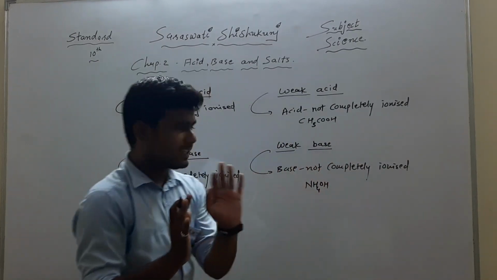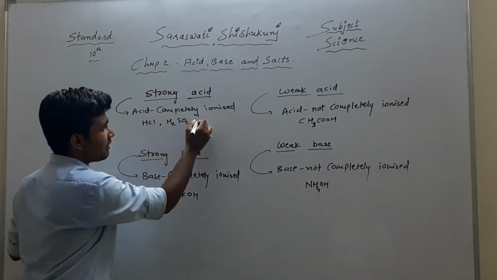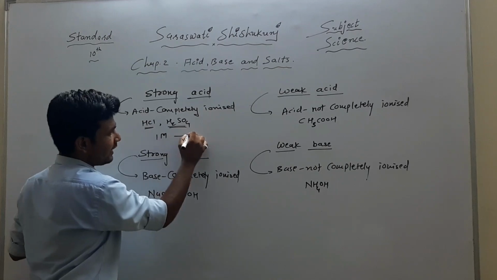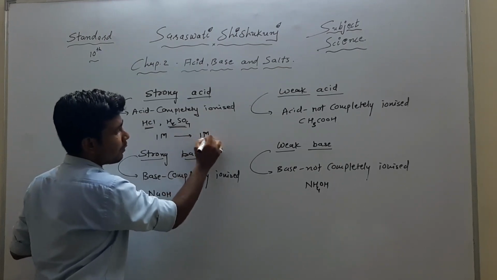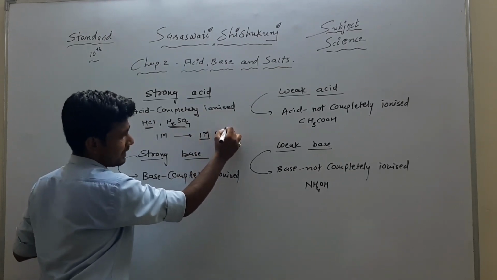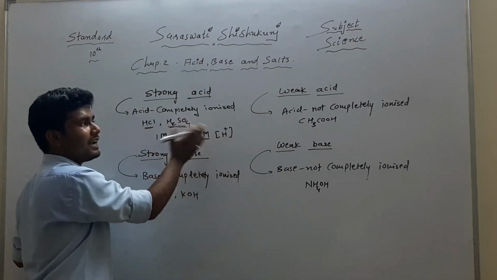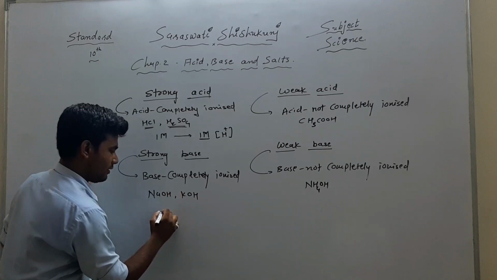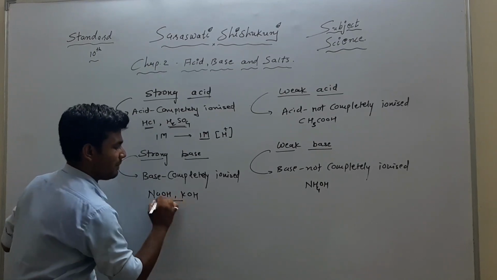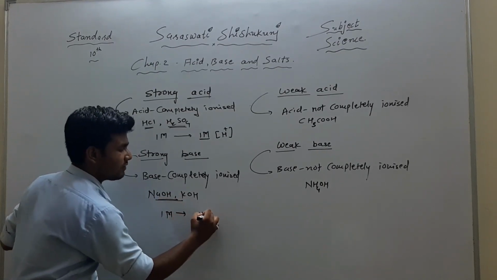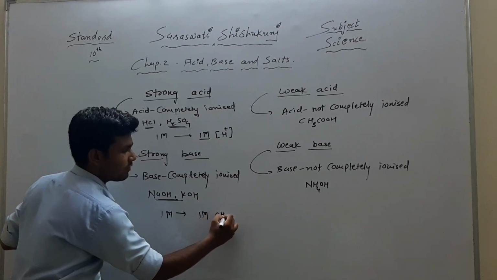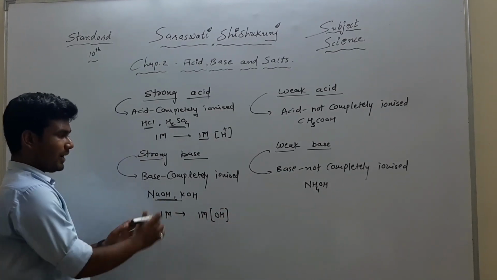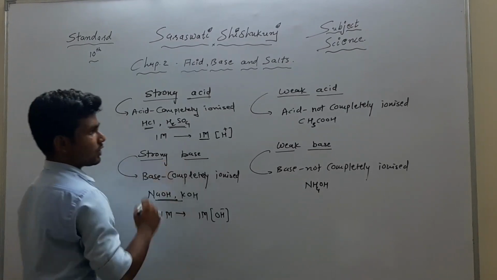Now it's very easy to understand. When we take 1 molar of this acid and if it gives us 1 molar of H plus, that is complete ionization, so that is a strong acid. Here also, if I take 1 molar of this base and by ionization it gives us 1 molar of OH minus concentration, then it is completely ionized, so that will be our strong base.